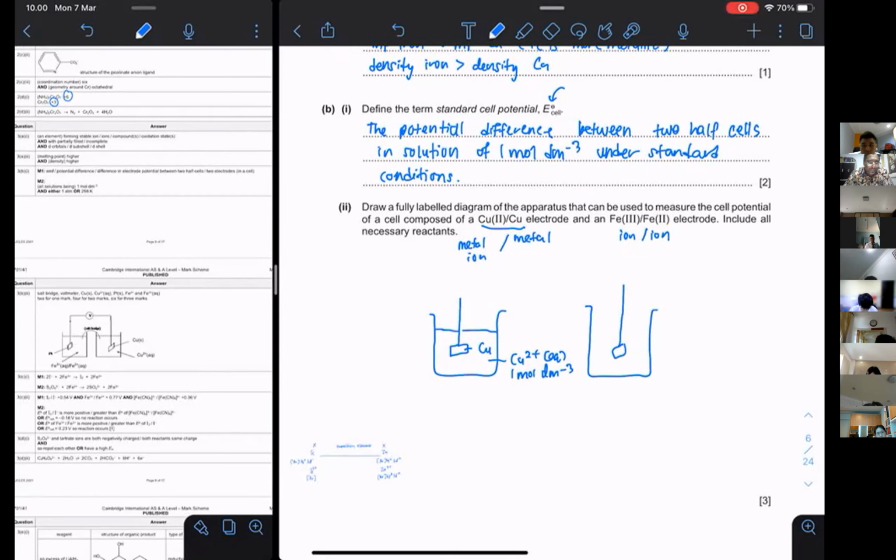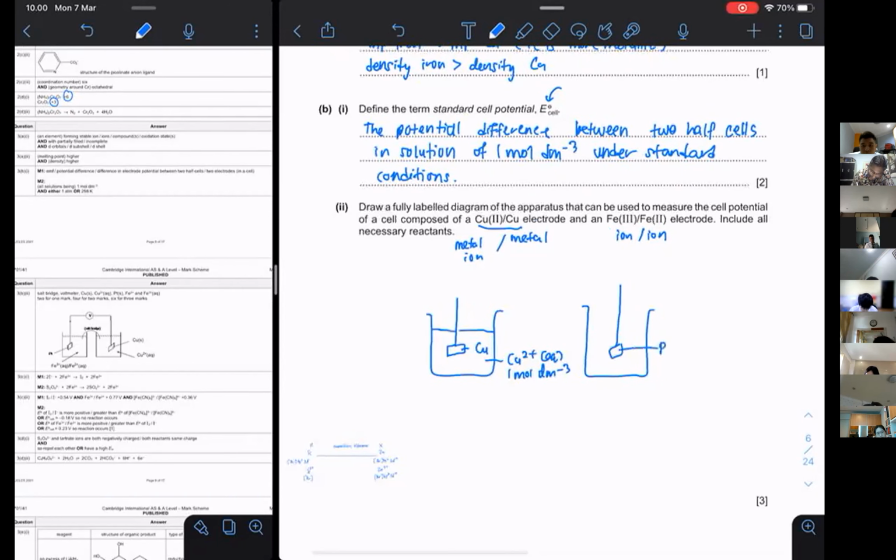The solution will have Fe3 plus and Fe2 plus, so I'll put Fe2 plus and Fe3 plus aqueous, 1 mole per dm cube.